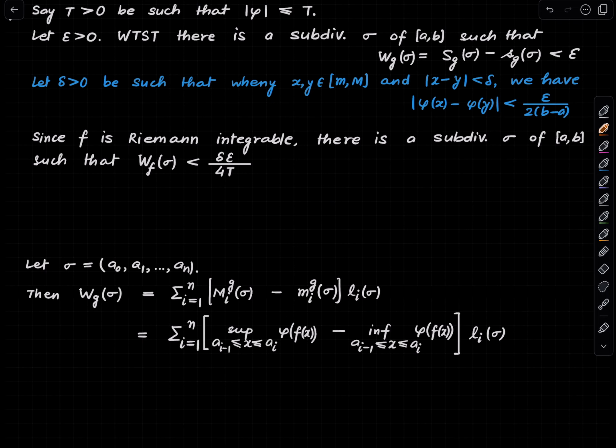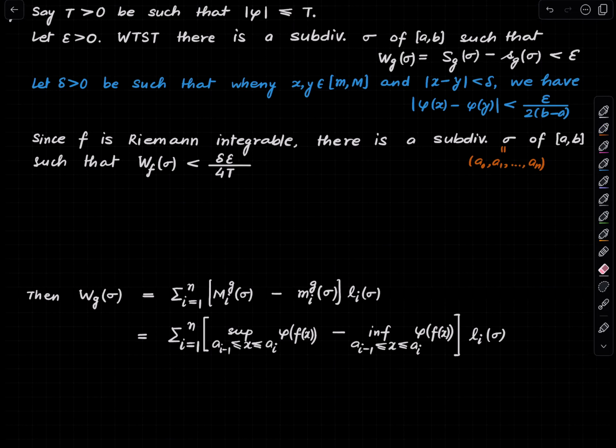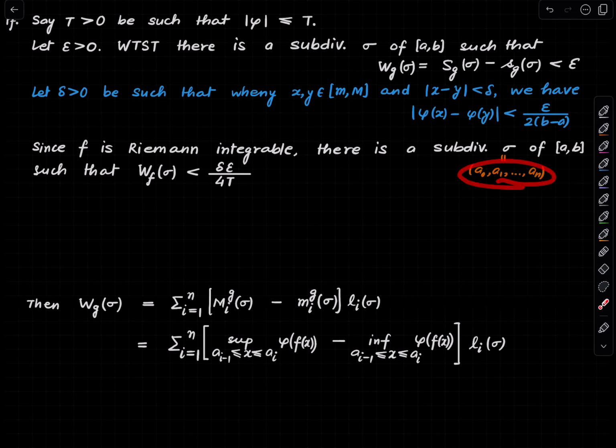So here is what I want to say. So first of all, we'll write sigma as a0, a1 up to an. So that's how we notate sigma, and let G, for good, consider only those i's such that for these i's this is small.